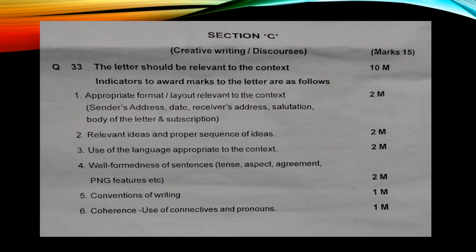Fourth one, well-formedness of sentences like tense, aspects, agreement, PNG features, etc. So letter writing contains not only the body of that letter, they include the format, relevant ideas, language and also well-formedness of sentences. It also includes the fifth one, conventions of writing, and the sixth one, coherence, use of connectives and pronouns.